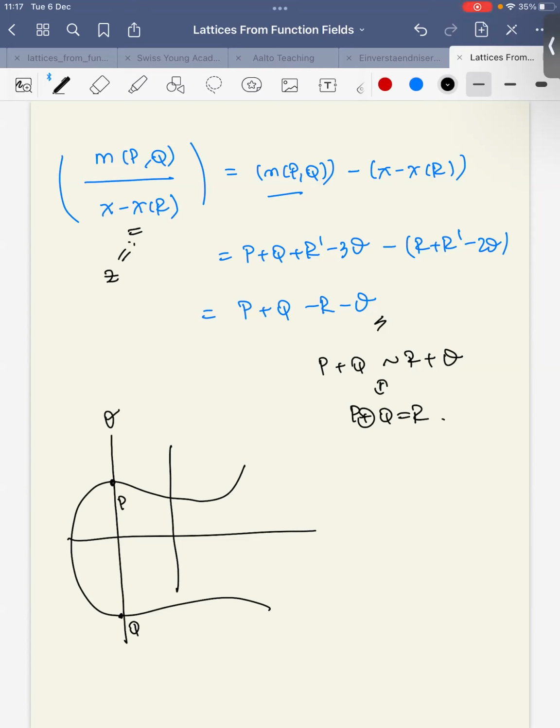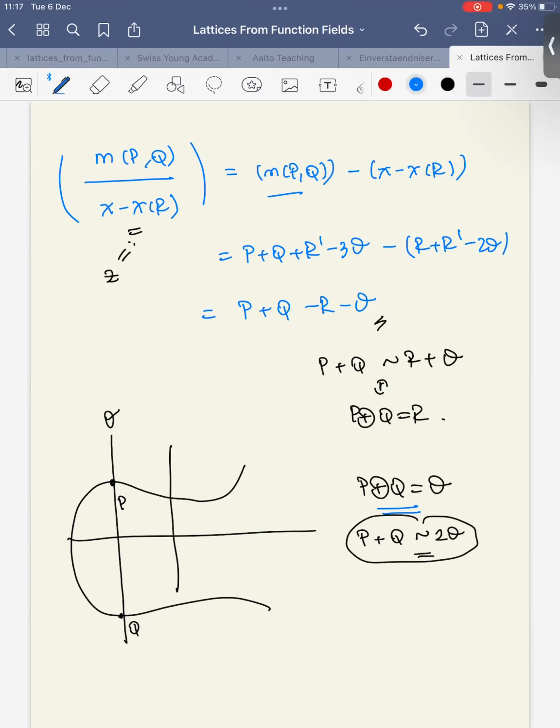So its reflection with respect to the x-axis again is going to be O. In this case, we want to look at what kind of function gives us this equivalence. Again, we use the same approach.